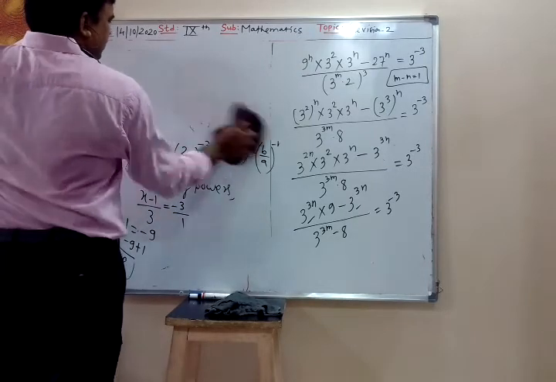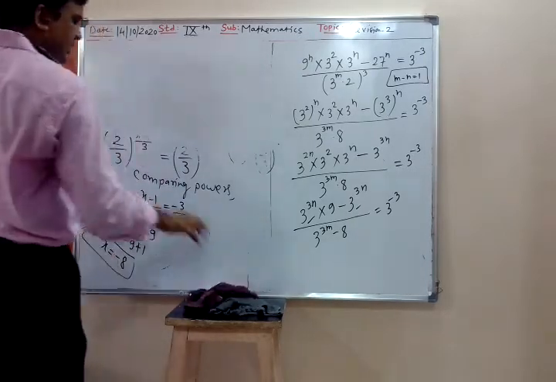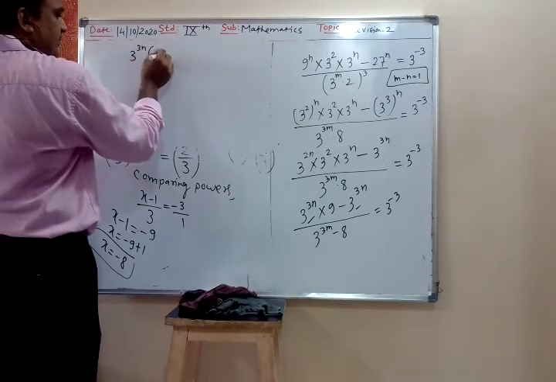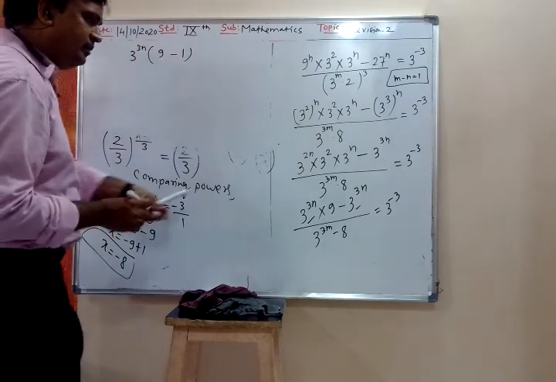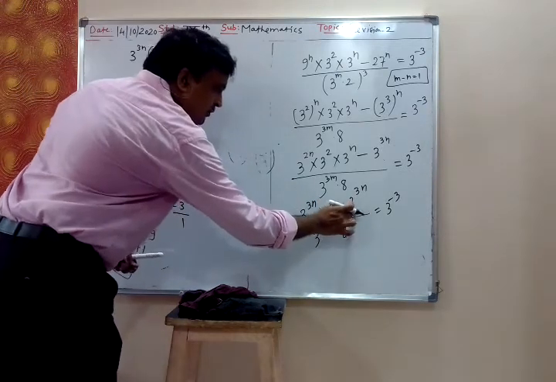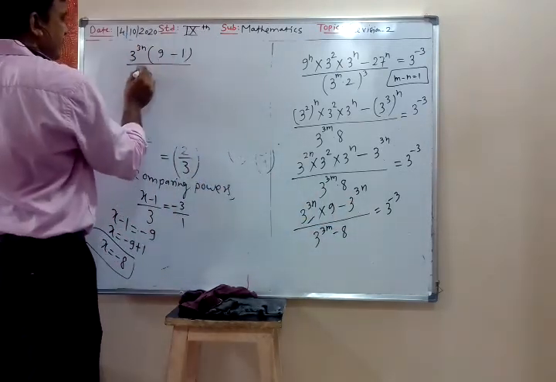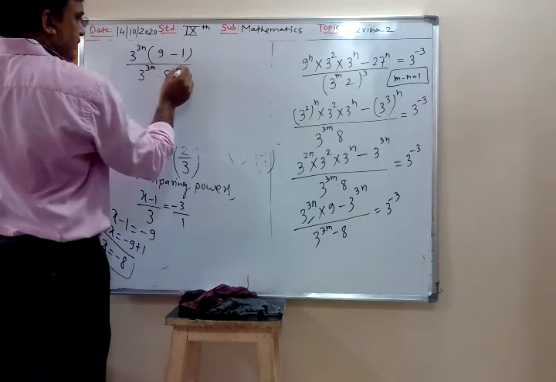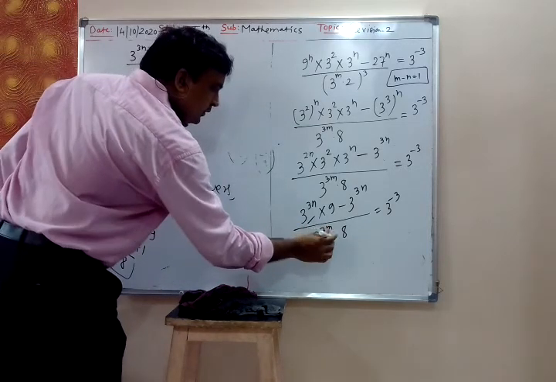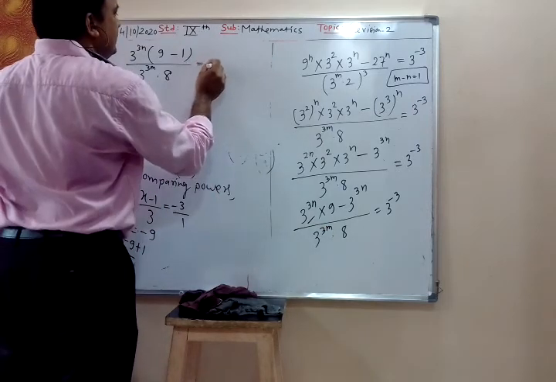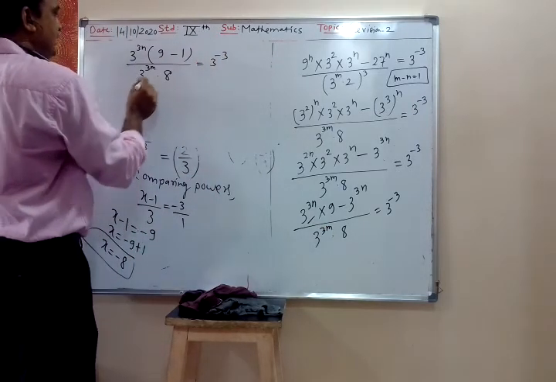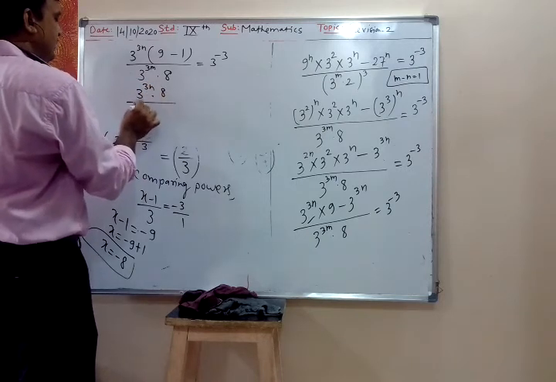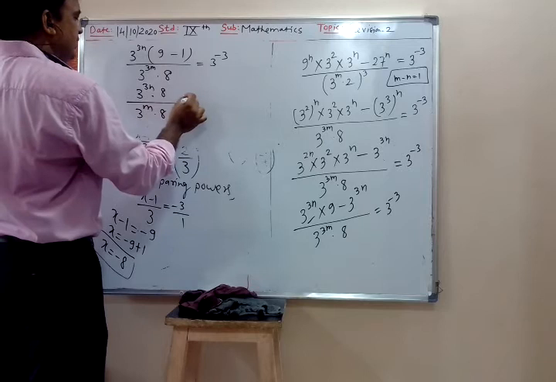Then it is 9 minus 1, so 1 is left upon 3 raised to 3m into 8, is equal to 3 raised to minus 3. So 9 minus 1 is 8. So 3 raised to 3n into 8 upon 3 raised to 3m into 8 is equal to 3 raised to minus 3.